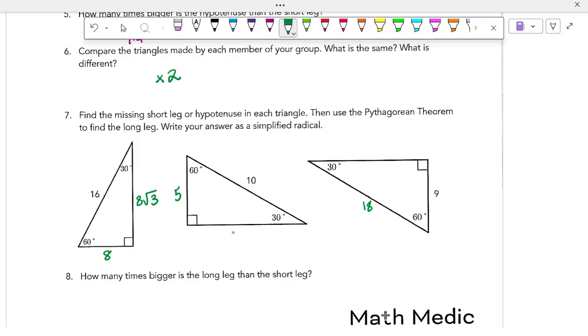What about this one? 5 square root 3. What about this one? 9 square root 3. So how many times bigger is the long leg than the short leg? The square root of 3. So it's times the square root of 3.